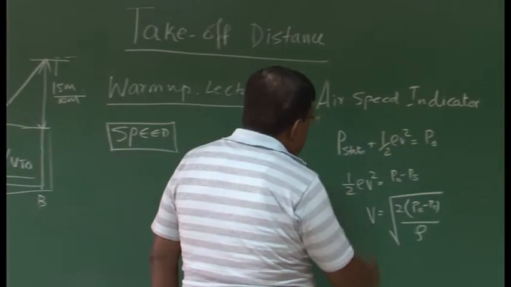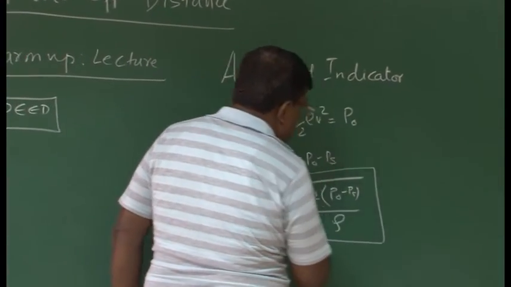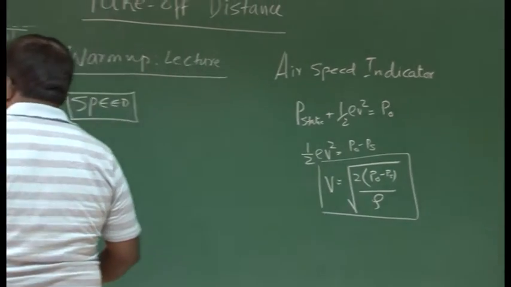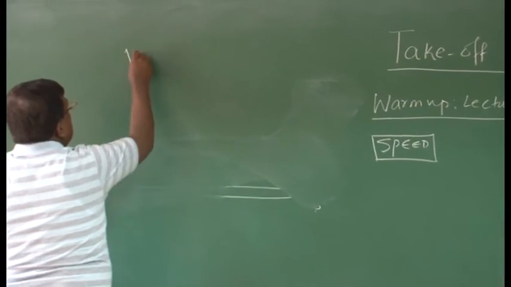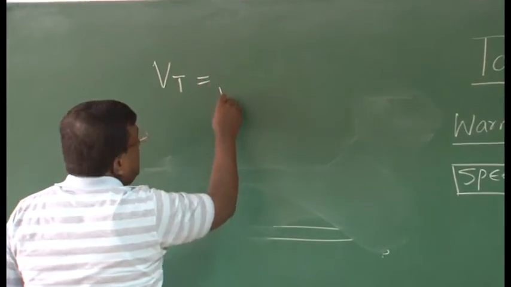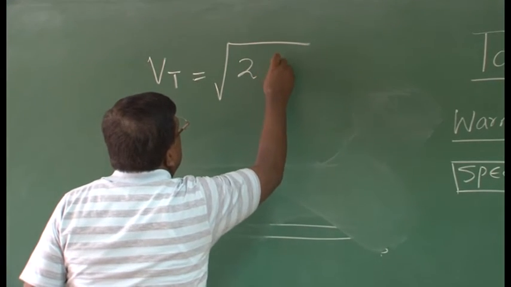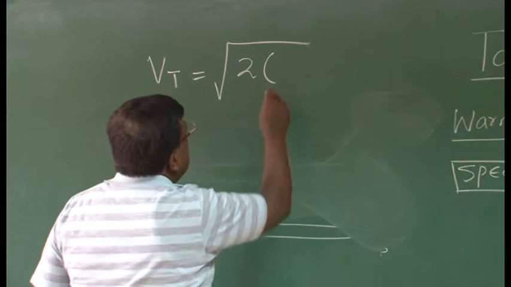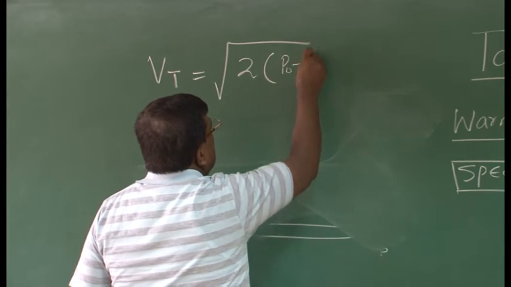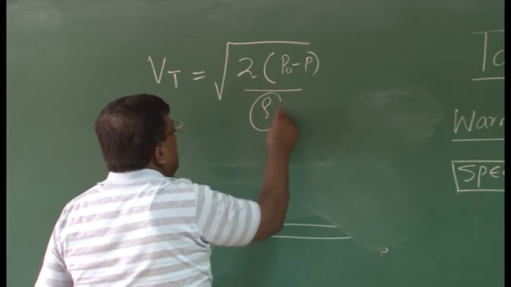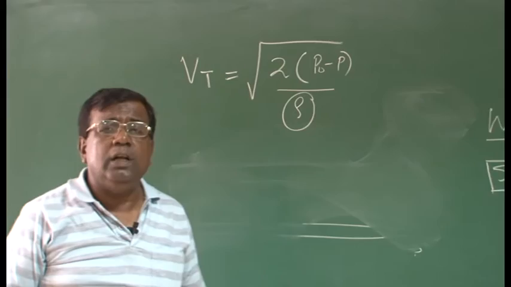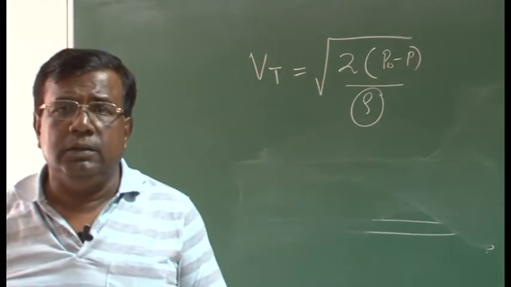But let us see what this V is. This V is basically the true airspeed. Okay? So this V is basically true airspeed because rho is the actual density at the altitude you are flying.